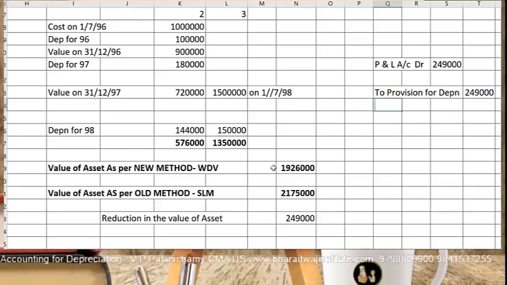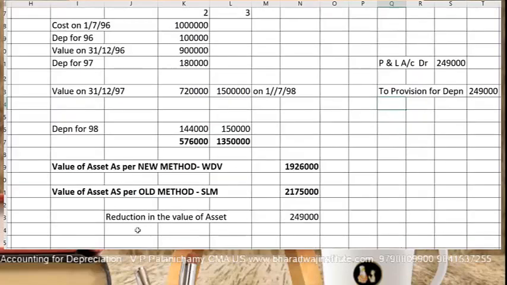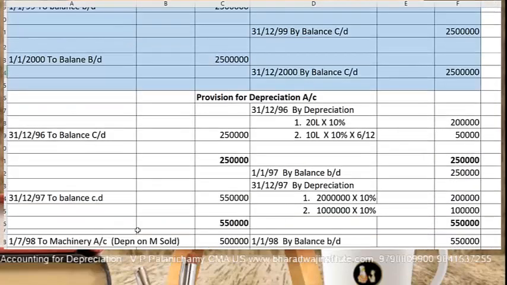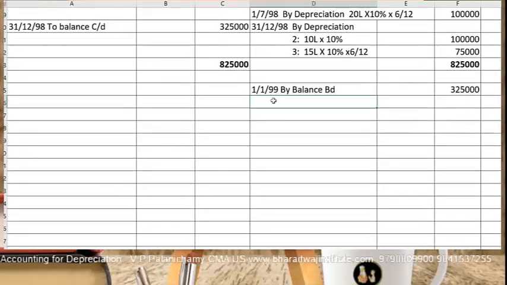Okay. So whatever is a change, it will be recorded in provision for depreciation account. So when you come to provision for depreciation account on 1/1/99 by P&L account, the difference will be recorded in provision for depreciation account. Then you will close it. Now, currently depreciation we have to charge.